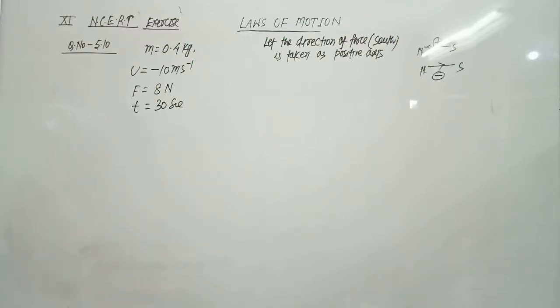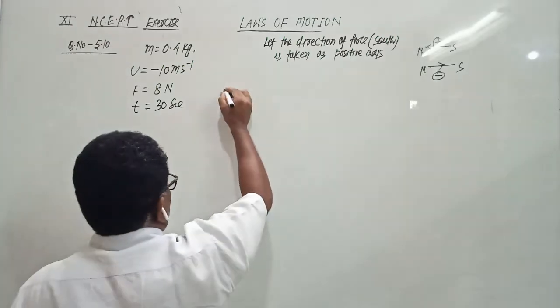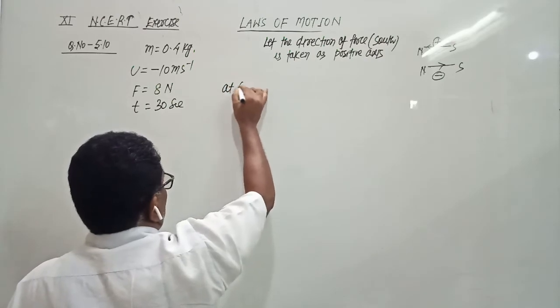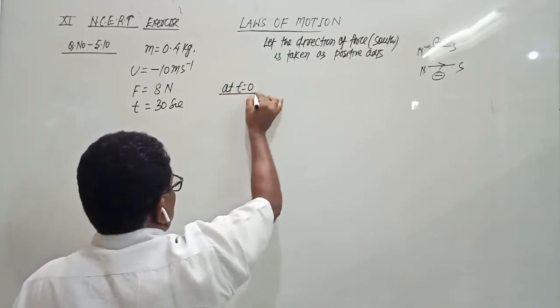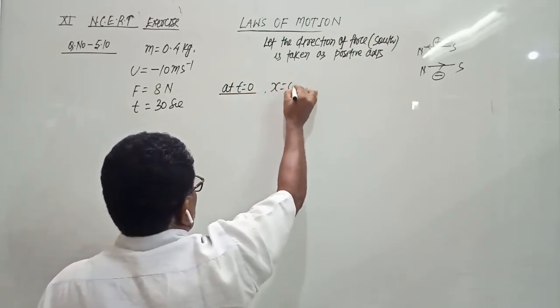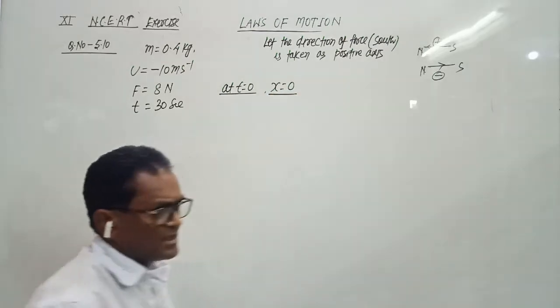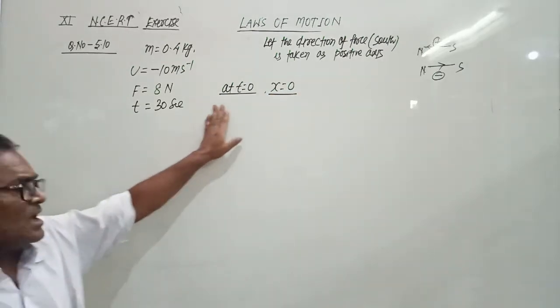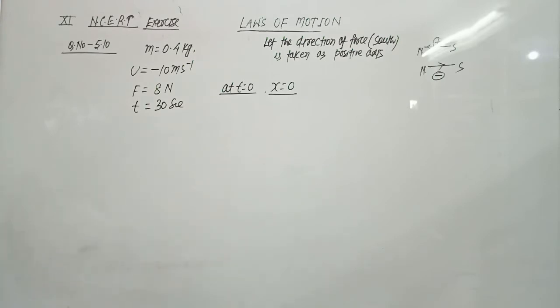The position of the body at that time, t equals 0, is x equals 0. And predict its position at t equals minus 5 seconds.